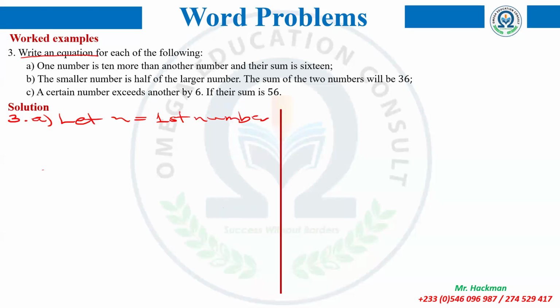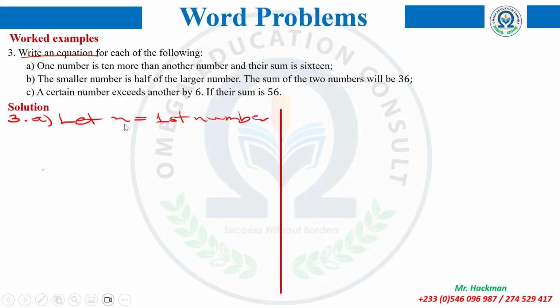Then obviously the second number is connected to the x, your first number, because we are told that one number is 10 more than the other number. So my other number will be 10 more than x. Is that clear? That is, if x is my smaller number. Is my point well made?